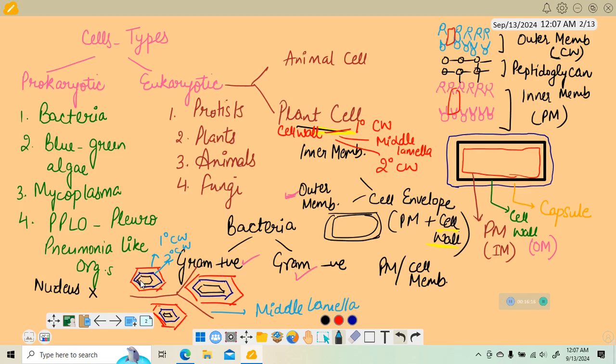And the innermost, this is the plasma membrane. So this is how they are organized. Okay, so this was about the introduction.